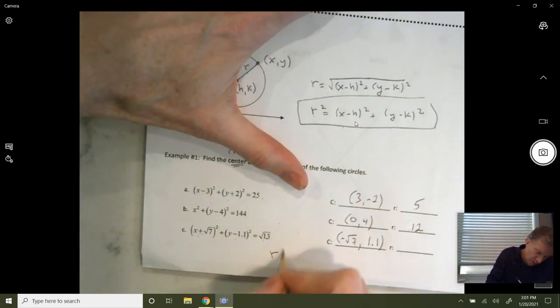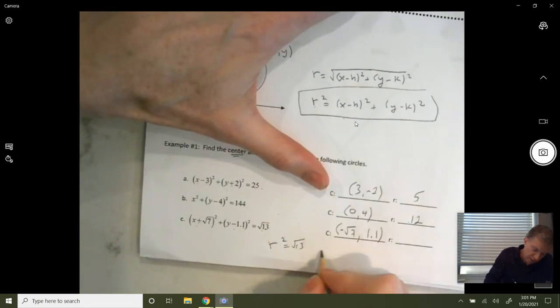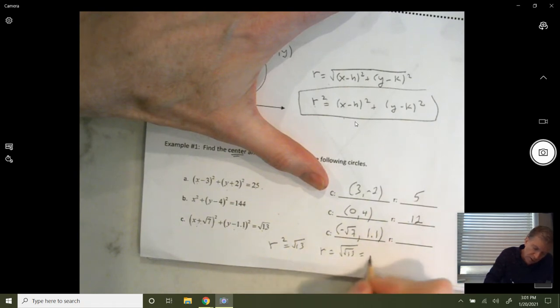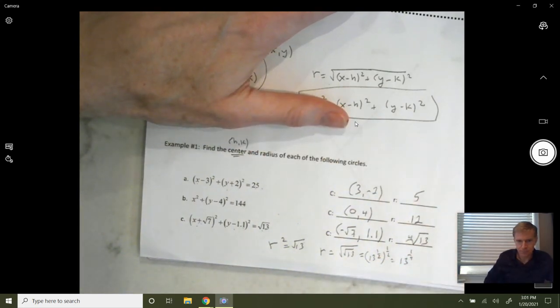So r squared equals rad 13. If I want to find r, it's going to be square root of the square root of 13, which we could call 13 to the 1/2 raised to the 1/2, so 13 to the 1/4, or the 4th root of 13. Okay? So whatever, if you're in standard form, this thing is always your radius squared.